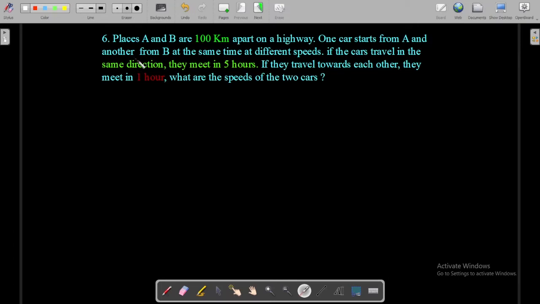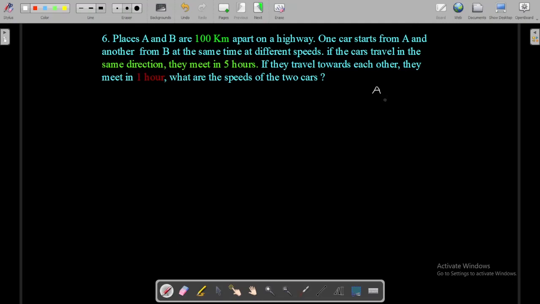So in this problem we can see that places A and B are 100 km apart on a highway. One car starts from A, another from B at the same time.